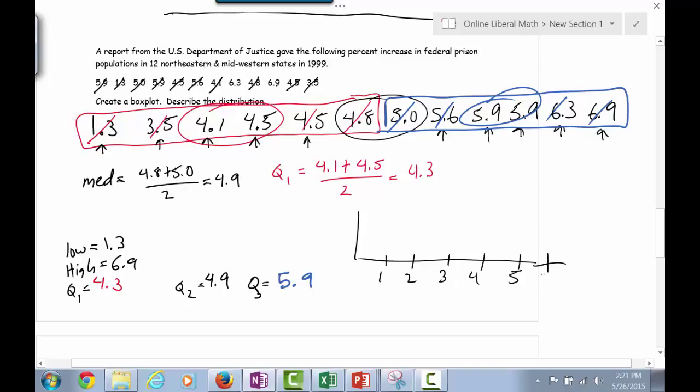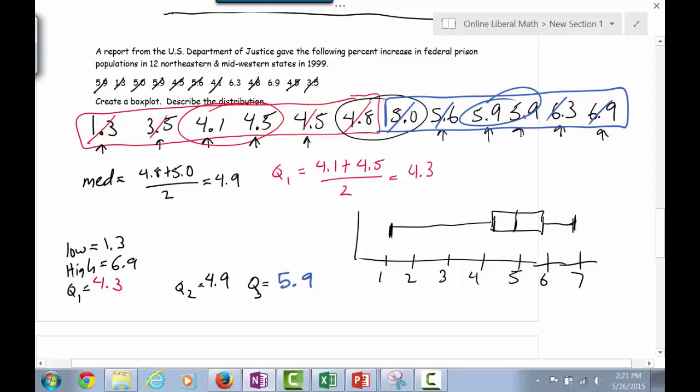That way we can see if there's symmetry or stuff like that. So 1.3 is a little bit above. Q1 is 4.3, so right there's that. Q2 is 4.9, and then 5.9 for Q3. So there's our box. And the max is 6.9.